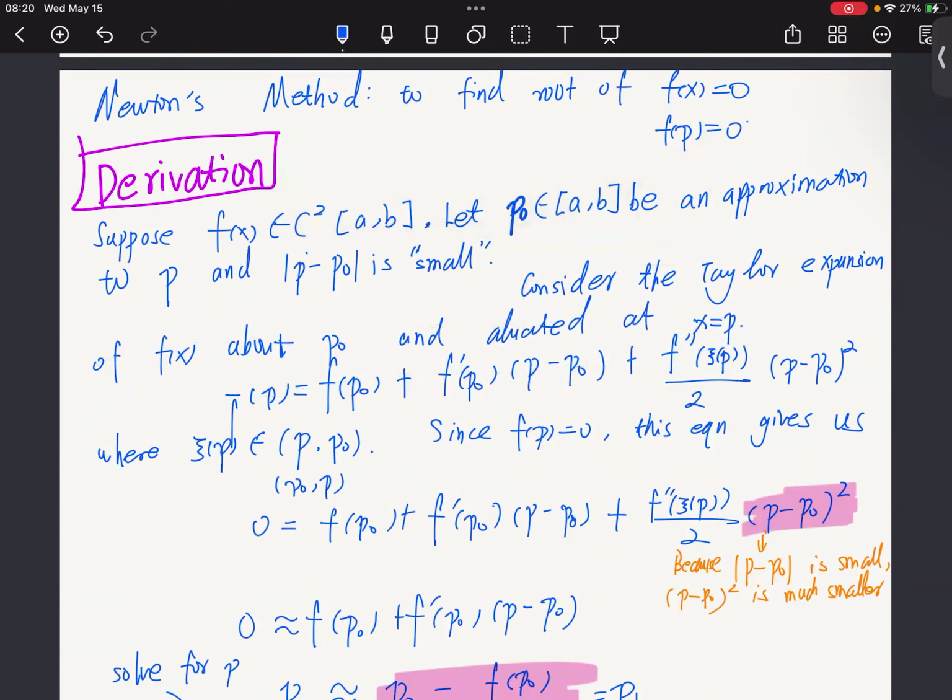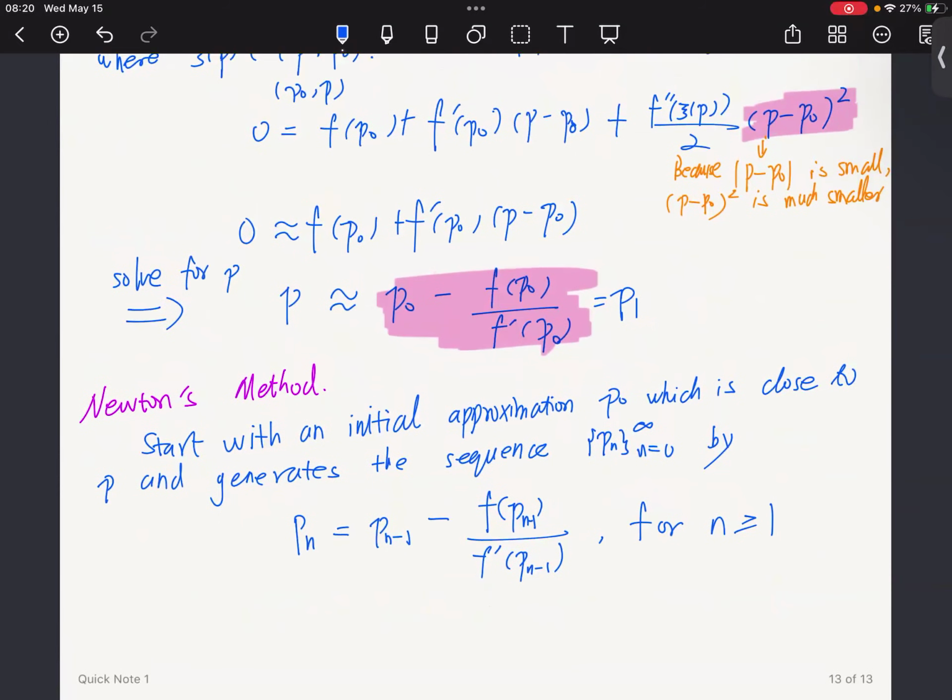So there's another assumption: f prime of P0 does not equal 0. And this is because, as you can see here, we cannot have the denominator equal 0. But although the first derivative evaluated at the initial point does not equal 0, it does not guarantee that the first derivative evaluated at the later items in the sequence does not equal 0.